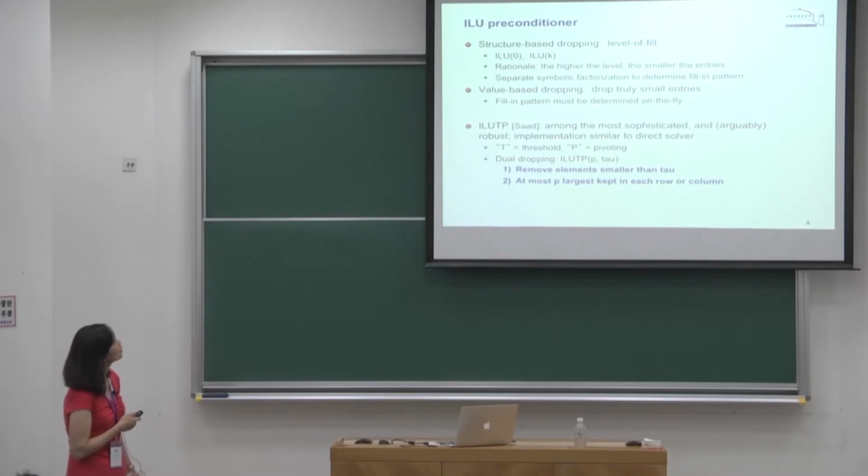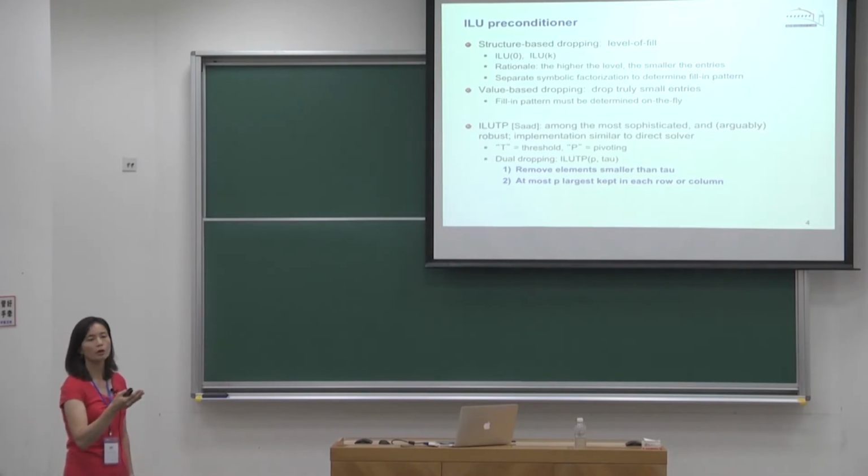A good place to look at ILU and incomplete Cholesky is Yousef Saad's book. He has a book on iterative methods for linear solvers, and another book for the eigenvalue problem. He used ILUTP, the most sophisticated one, where T is a threshold. So it's numerical value-based.